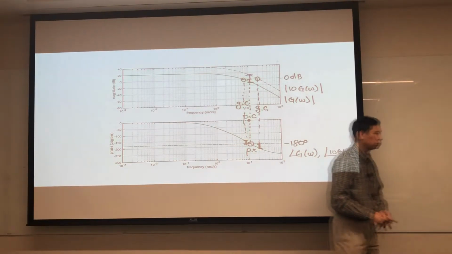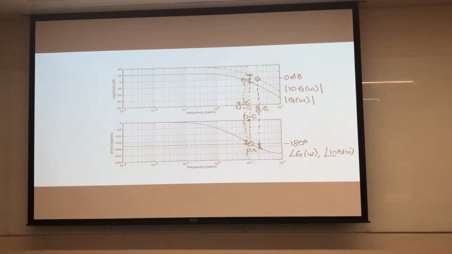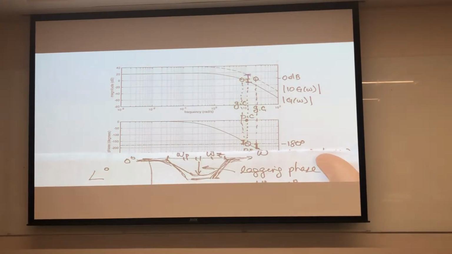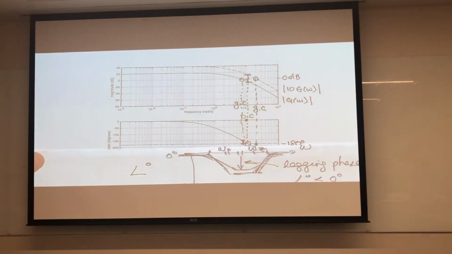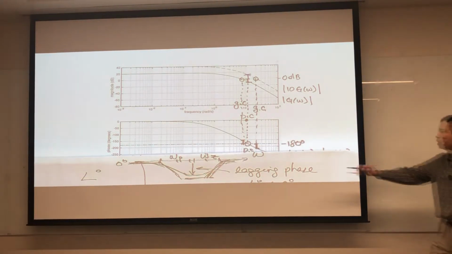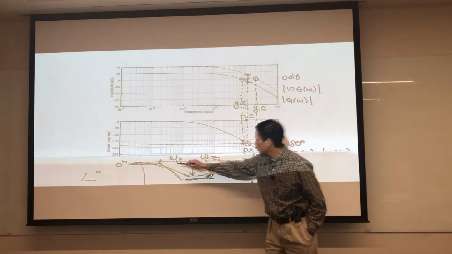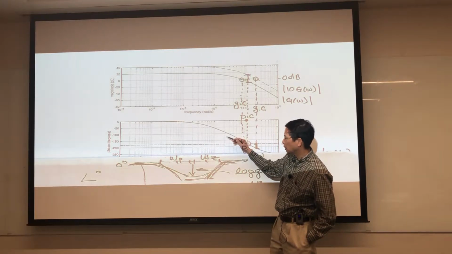Now remember, when we put in this phase lag, it's going to reshape things. So the omega z and the omega p need to be wisely chosen, because we're going to introduce more lag into the picture.